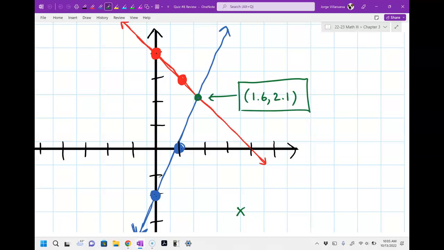To prove to me that you understand solving by graphing, you have to graph lines, and you have to tell me right where they cross. That's the answer. So even if your lines are wrong, I can still give you partial credit for at least labeling the point where they crossed. Maybe it's not the right point, but it's the point where they crossed. So at least give me that right. I can give you like 50% credit on that problem.